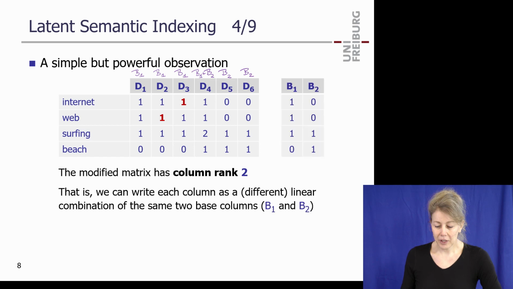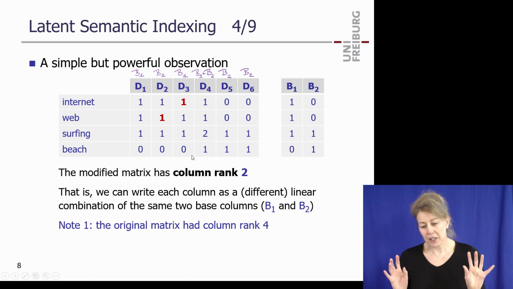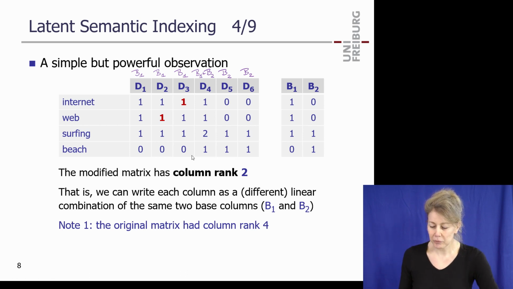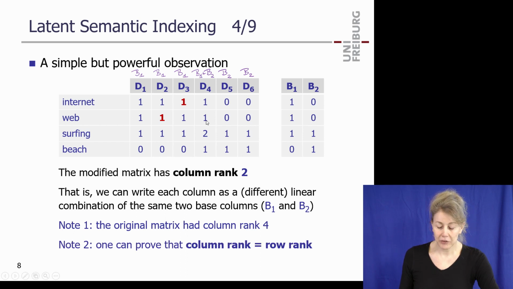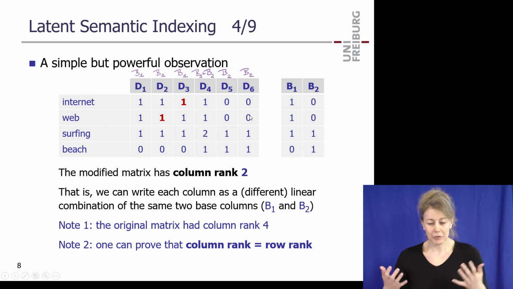So yes. And one important linear algebra fact, we will do a lot of simple linear algebra, and some things I will just mention and not prove. So the original matrix had column rank 4. This matrix can never have column rank 6. Why is that? Because the column rank and the row rank are the same. That's not trivial to prove, and it looks a bit magic, like so many things in linear algebra. If you just look at the row vectors, that's vectors in a six-dimensional space, what do they have to do with the column vectors?